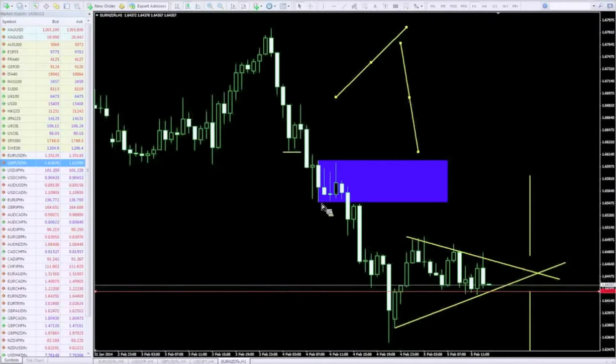This is very, very important. It cannot close above this high or below that low. And you'll see that on this 1-hour chart, for 1, 2, 3, 4, 5 hours, we were locked up in this box. Okay?